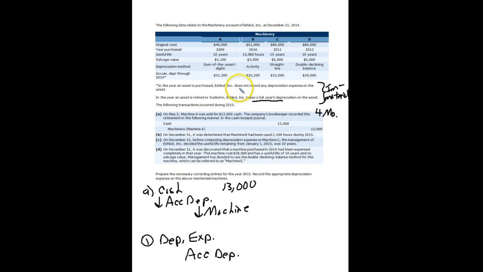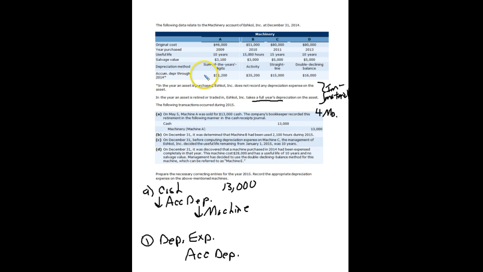So again, these two are immaterial, or we wouldn't see these two things taking place as a policy, because they do violate generally accepted accounting principles, but again, they're allowed as long as it's immaterial. So really the first thing we want to do is record depreciation expense.